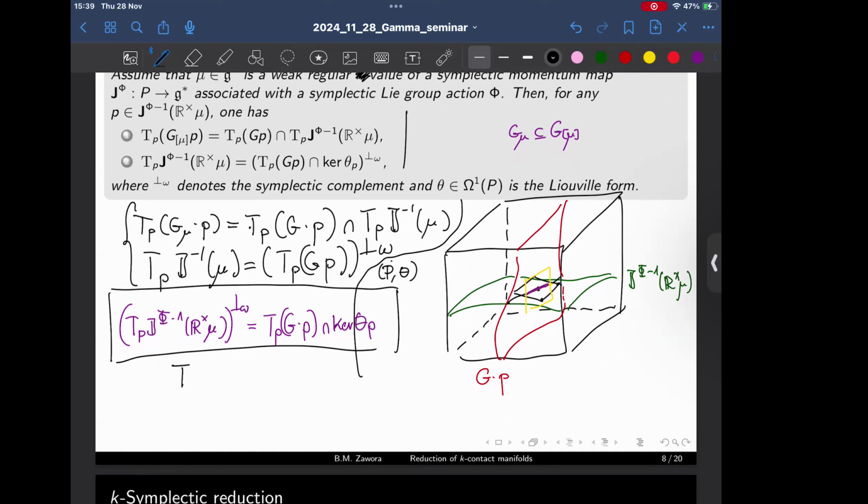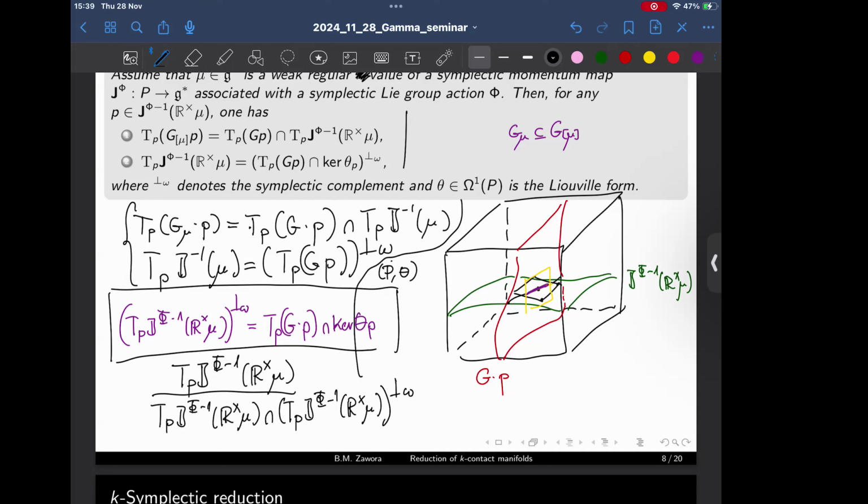So in general, we have the quotient of T_p J_phi^{-1}(R cross mu) by the intersection of T_p J_phi^{-1}(R cross mu) with its symplectic orthogonal.